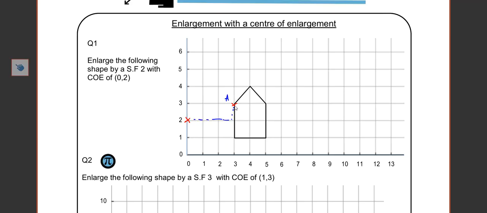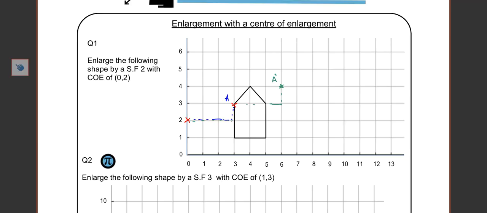Therefore, the image of point A is going to be 3 along and 1 up, twice. So I go back to my centre of enlargement and go 1, 2, 3, up 1, 1, 2, 3, up 1. You can either do it as 6 and 2 or 3 and 1 twice. So my image of A is there. There's A dash.